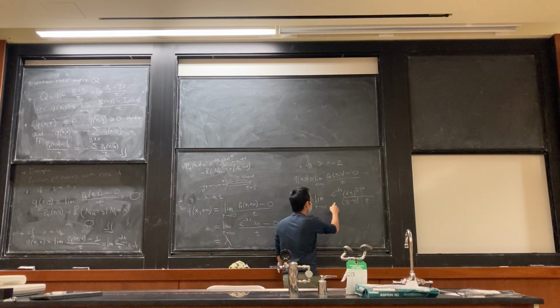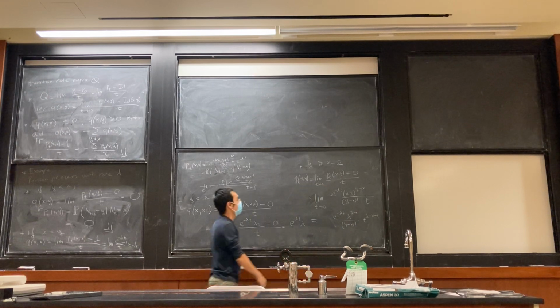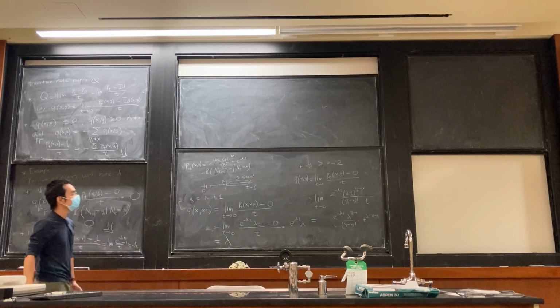This is the same thing as e to the minus lambda t, lambda to the y minus x over (y minus x) factorial, times t to the y minus x minus 1.